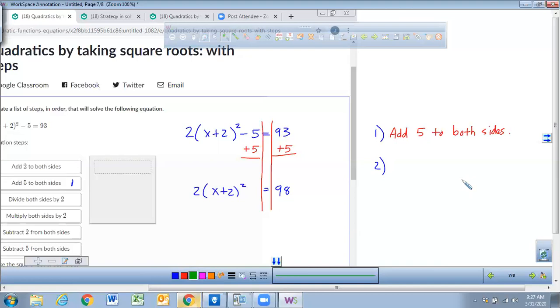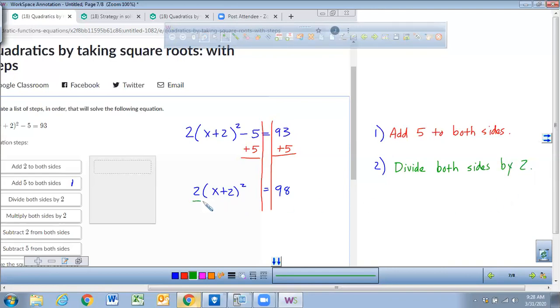Anybody want to take a risk and guess what step 2 is? Divide everything by 2. Right. Divide both sides by 2.